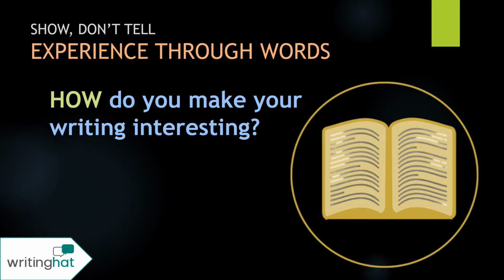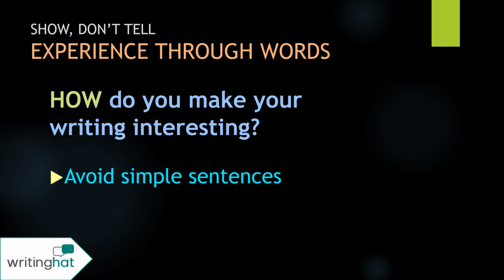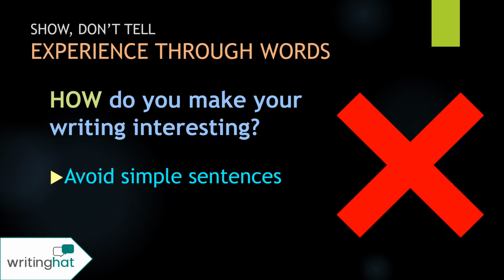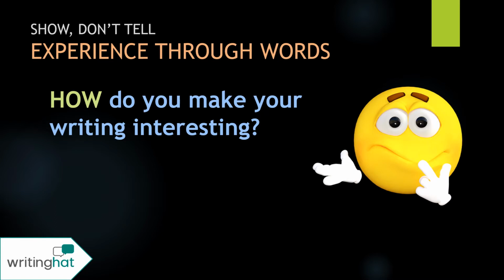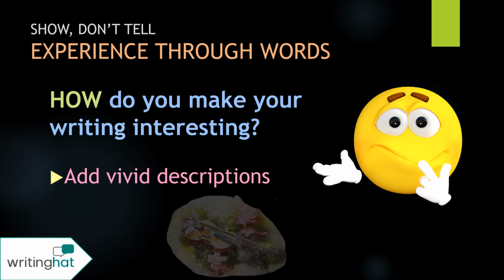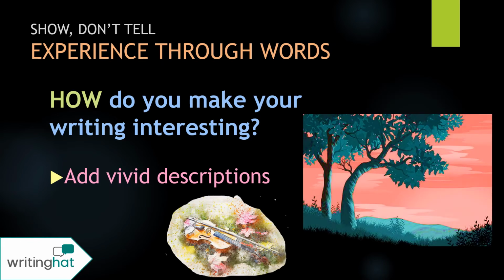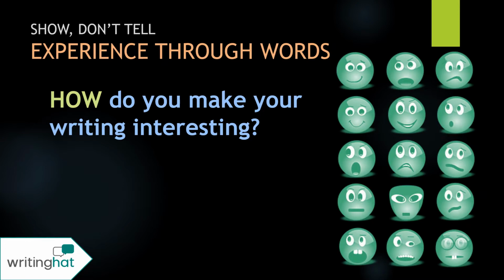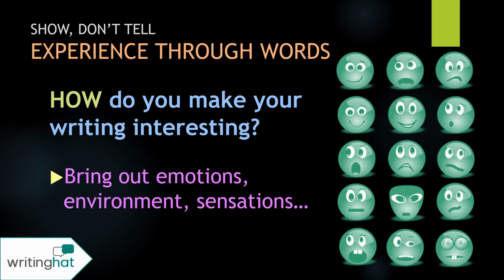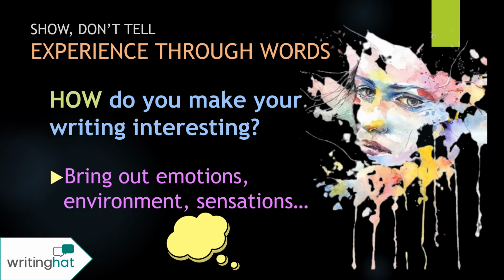Well, one thing you can do is avoid writing simple sentences that are just statements. We'll show you how to do this in a short while. Add vivid descriptions to your sentences. Describe the situation, the emotion, and the environment. You want to use emotions and thoughts and feelings and sensations that will bring life and action to your words.